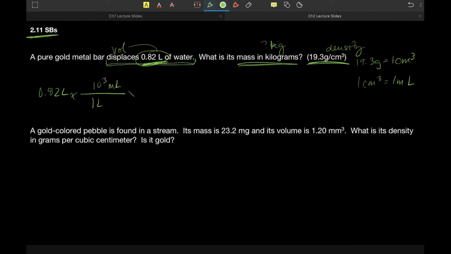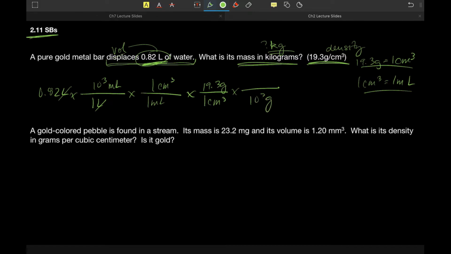Liters cancels. Now I can use this, which says that for every 1 milliliter, I have 1 centimeter cubed. Now I can incorporate this: for every 1 centimeter cubed, I have 19.3 grams of substance. Oh, but we're not done yet because we would like our answer in kilograms. So for every 10 to the third grams, we have 1 kilogram. And then we would be done.